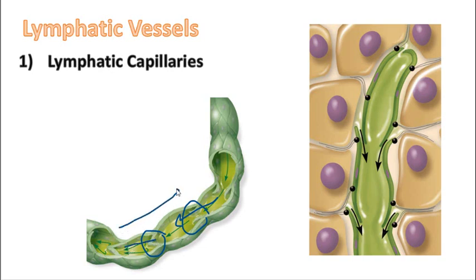The fluid cannot go backward; it can only move forward, so it doesn't allow backflow. Those junctions are protein filaments, collagen fibers, and they serve as a valve that prevents back leaking.